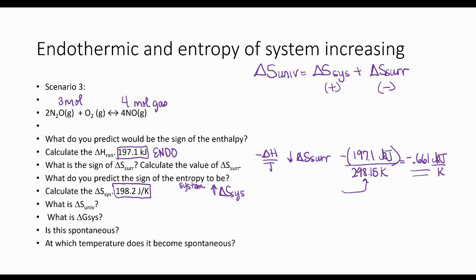Now, I personally think it's a lot easier to picture this with the delta G equation. And if you don't mind, I think I'll go to the next slide. I gave myself some more room.